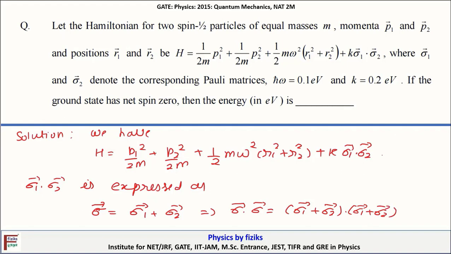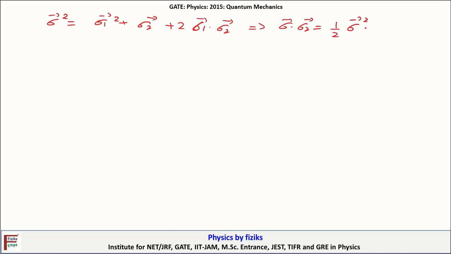Now sigma square is equals to sigma 1 square plus sigma 2 square plus 2 sigma 1 dot sigma 2, which implies sigma 1 dot sigma 2 would be 1 by 2 (sigma square minus sigma 1 square minus sigma 2 square).